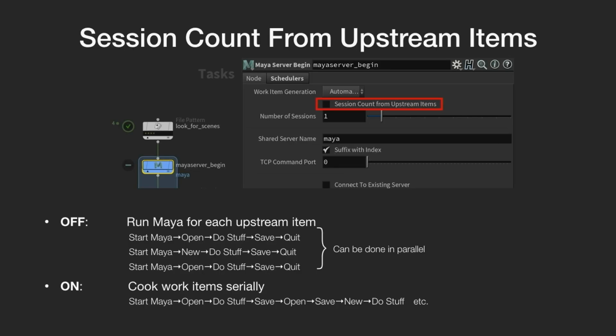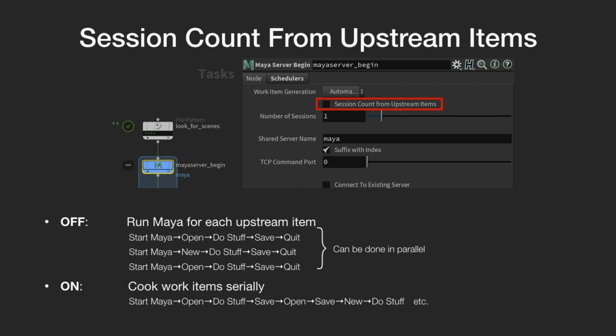So another thing I would like to cover is session count from upstream items. So what it does, if it's off and it's the default one, it sort of runs it in parallel. So you have, for instance, here we have 4 upstream work items. Those would be some files, right?